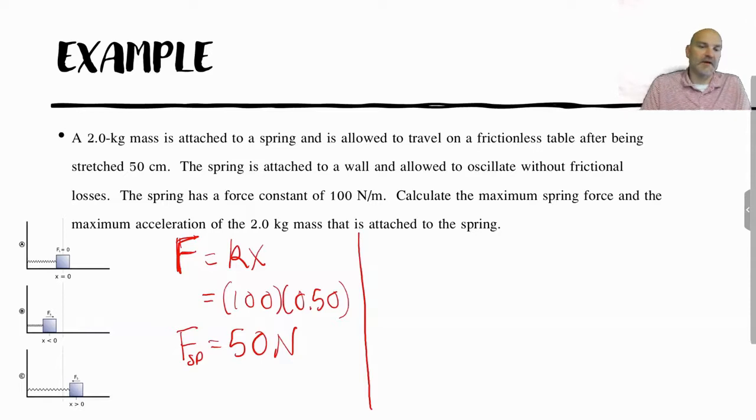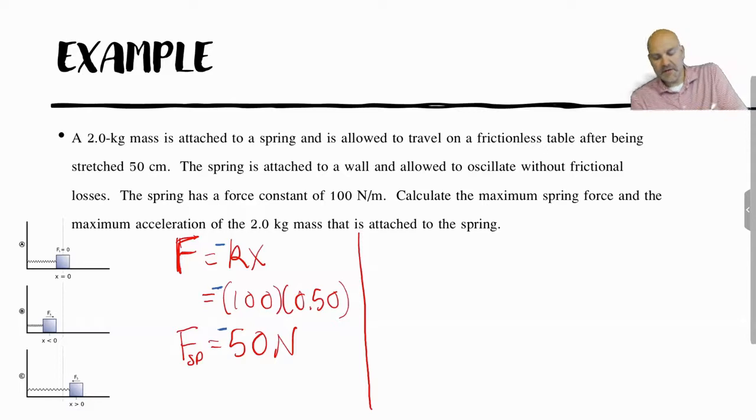Sometimes you'll see it abbreviated F_sp. In fact, if we're keeping with the idea that this is a restoring force, we should have negatives in there, because at 0.5 meters, the spring exerts 50 newtons on that block to snap it back to its initial position, okay?